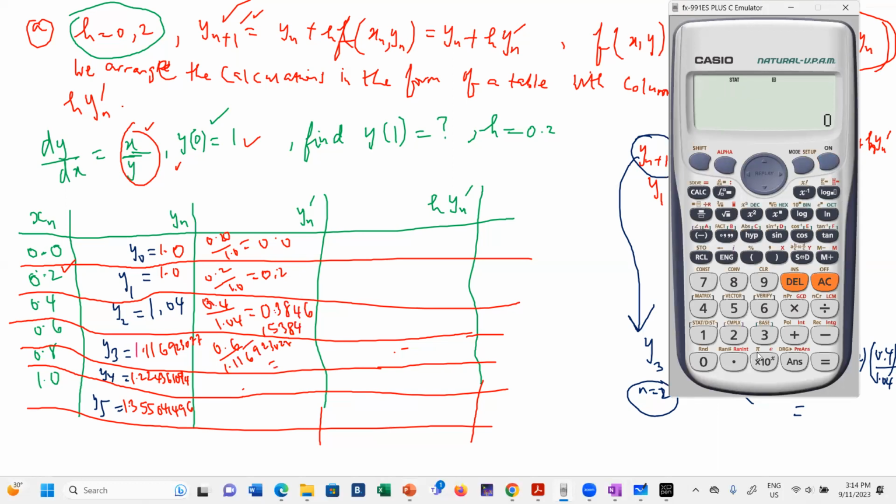So 0.6 divided by 1.11692307, which is about 0.537.